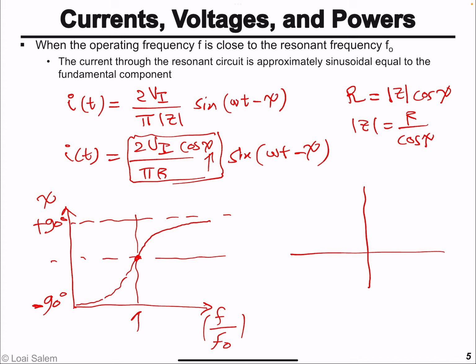And so, if we look at the amplitude and how it changes with the operating frequency, which changes the phase psi, we have two bounds, pi over 2 and minus pi over 2. And at resonance, psi is equal to 0. So essentially, we will find that the current is in phase with the voltage that's generated by the half bridge.